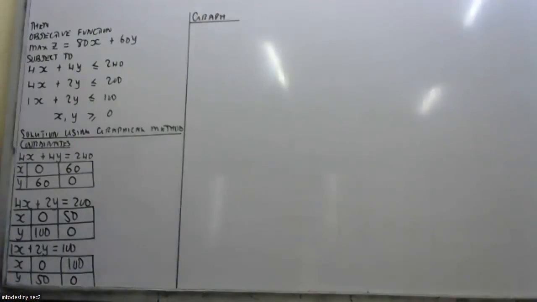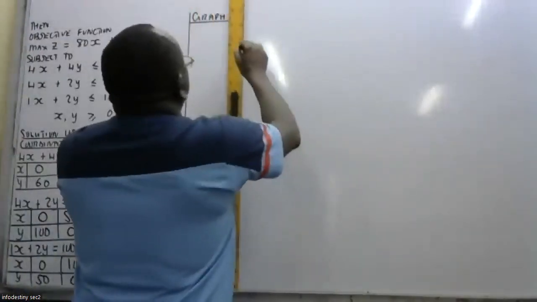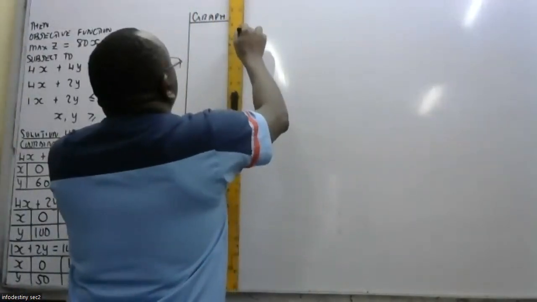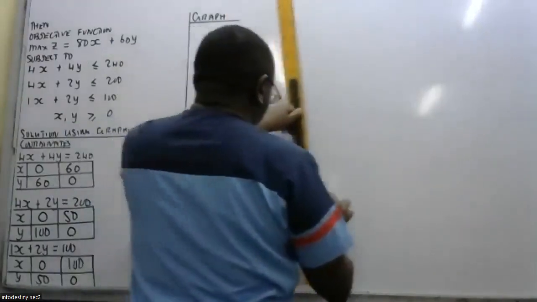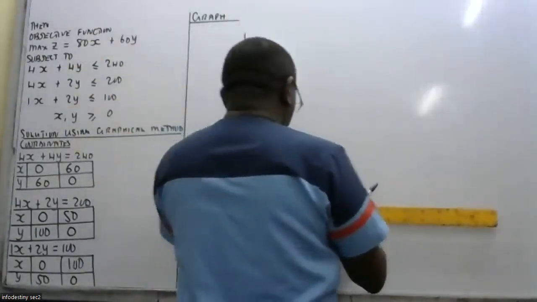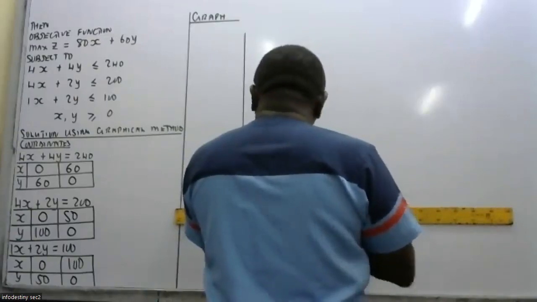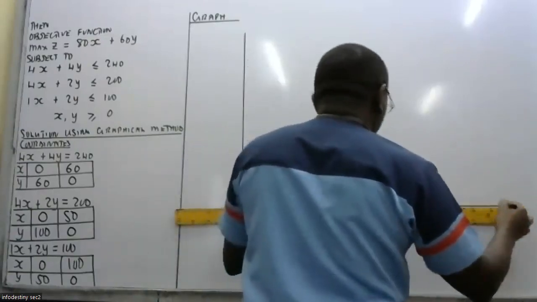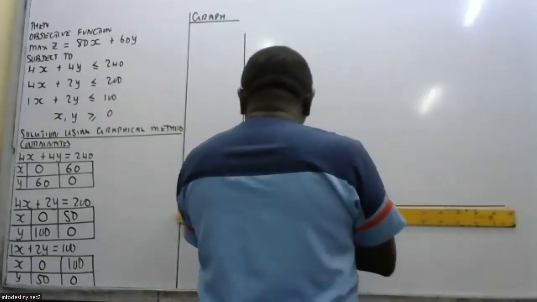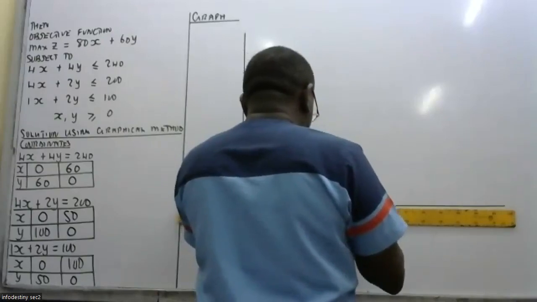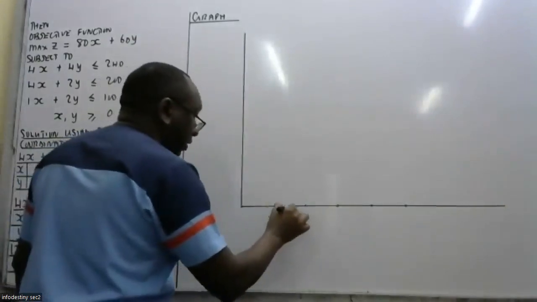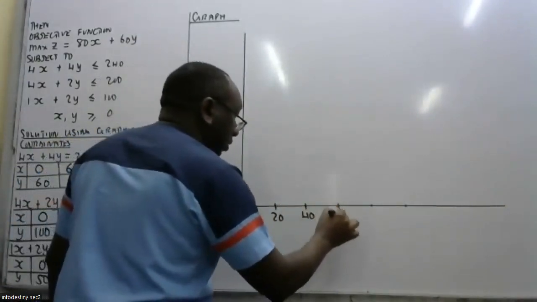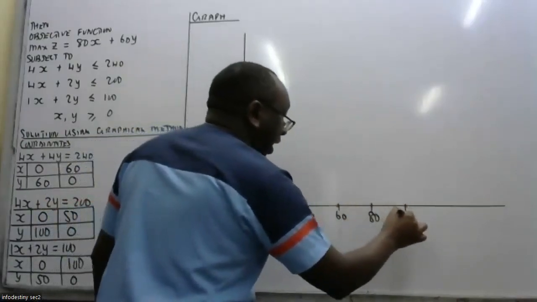As you can see, the highest again is 100 for x and y. So this is 20, this is 40, 60, 80, 100.